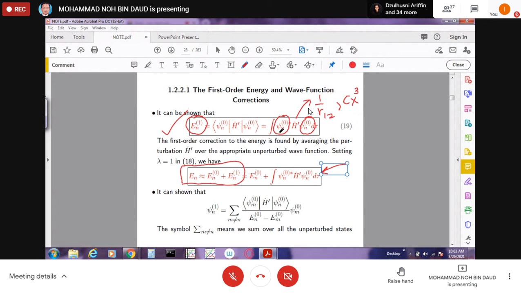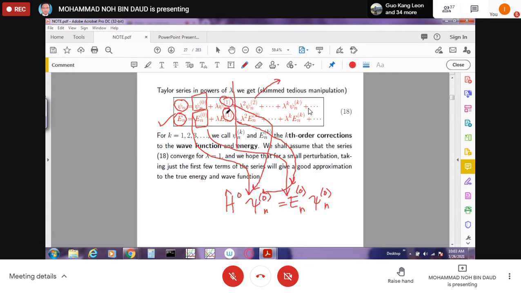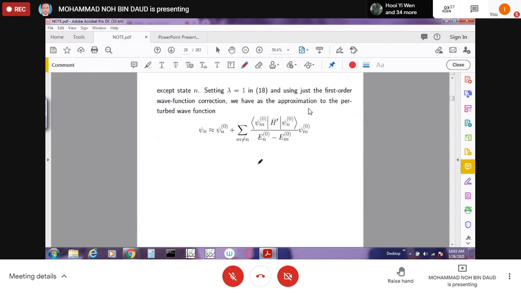Okay, and also for the first order correction to this wave function, we can write this in terms of the zero order wave functions and the zero order energy. Okay, sorry, I forgot this one. So this one and this zero order energy. Okay, zero order energy.